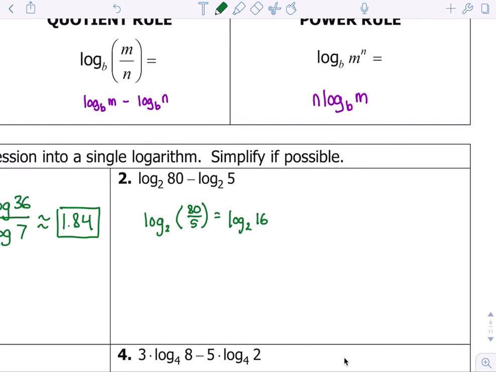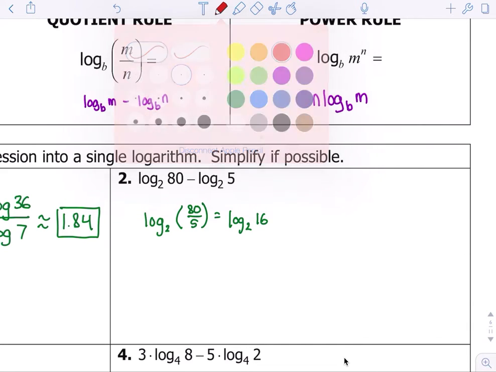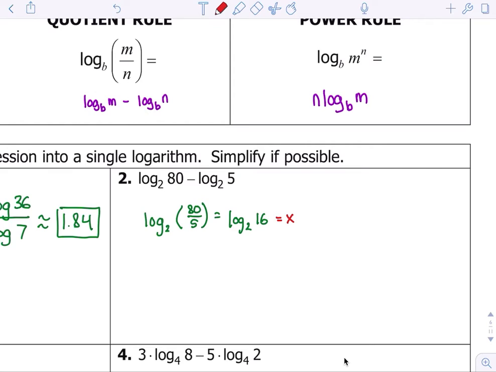And now from here, I noticed that this 2 and that 16 can get a common base of 2. So I'm going to set this equal to x, and I'm going to use our exponent rule.